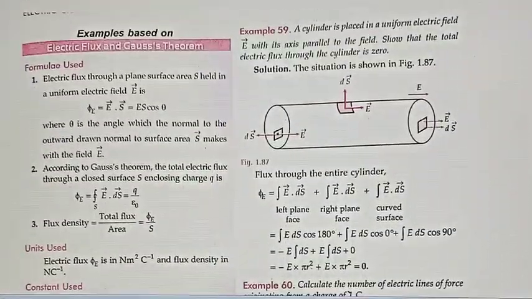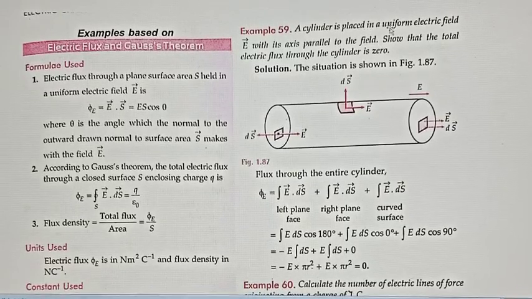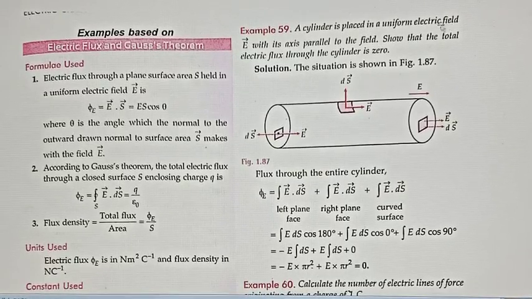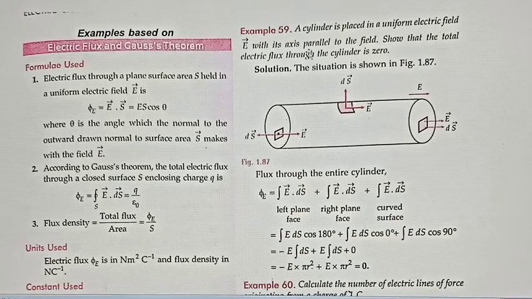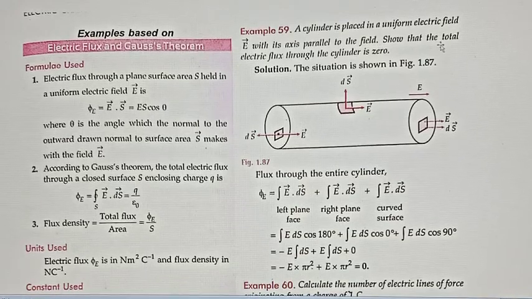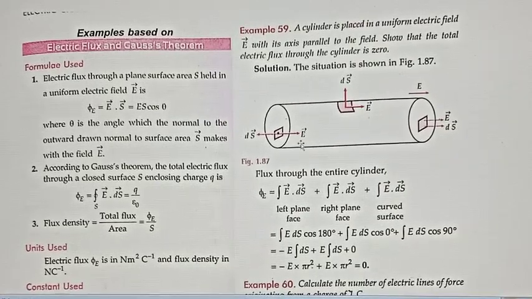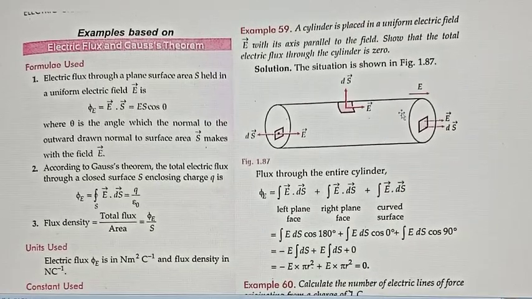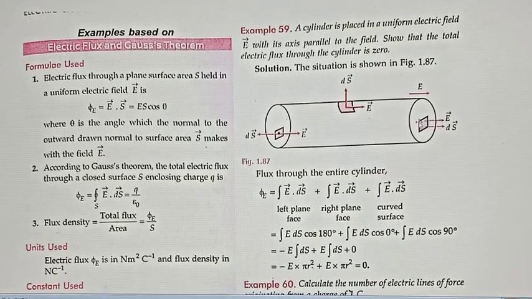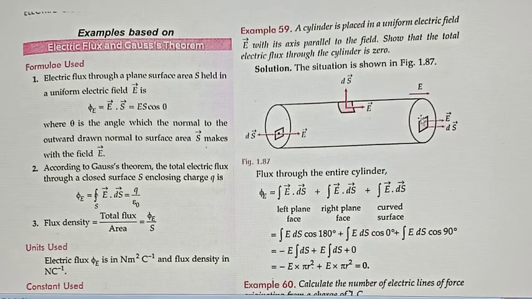Next you can see a cylinder is placed in a uniform electric field E with its axis parallel to the field, so that the total electric flux through the cylinder is 0. Now if you see this cylinder, there are three surfaces: the two end surfaces, this is 1, this is 2, and this is 3, the curved surface.